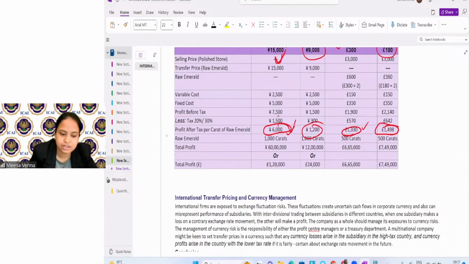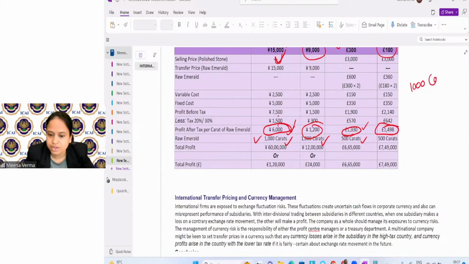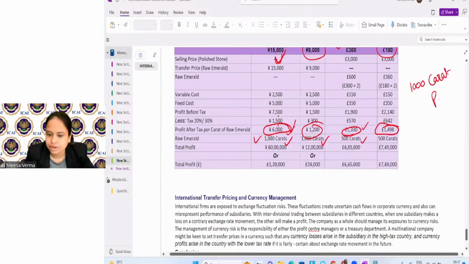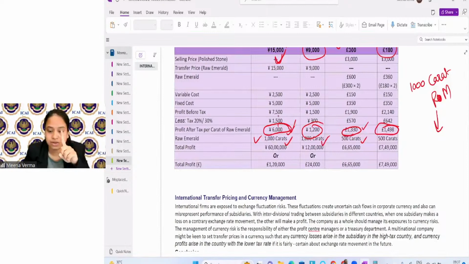Achha, they have calculated the total value because they are producing 1,000 carats, and here half of the amount, because from the 1,000 carat of raw material they can produce half of the units of final good, because 2 raw material is required for 1 final good.